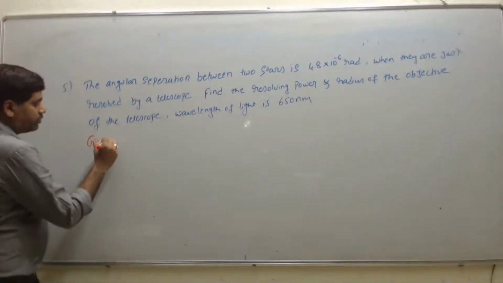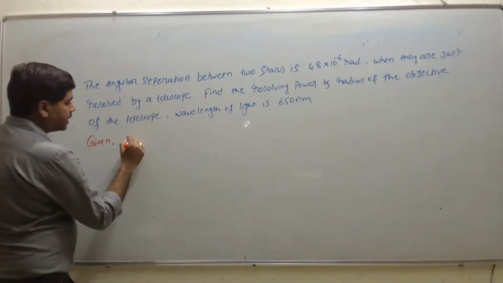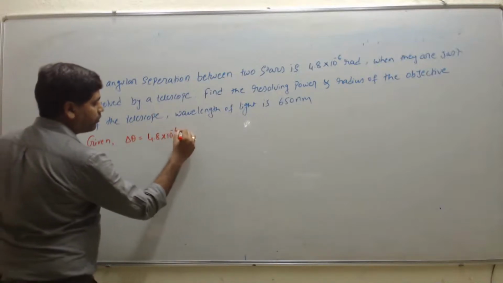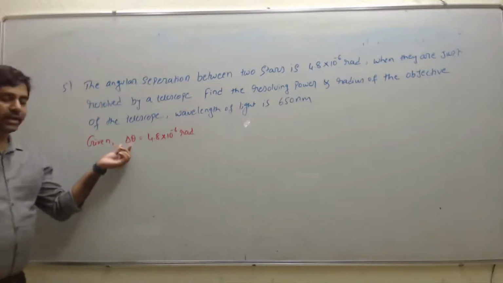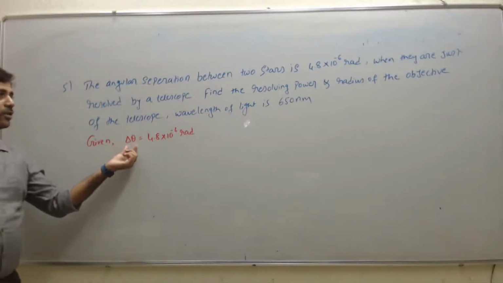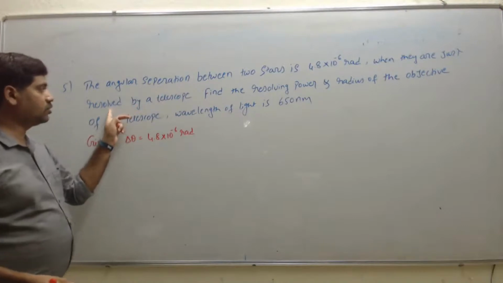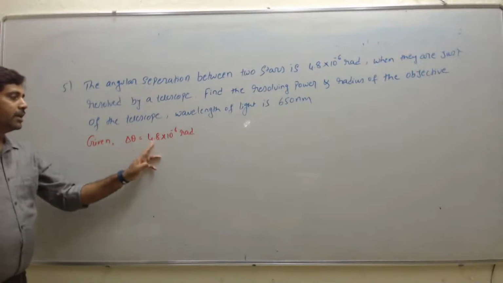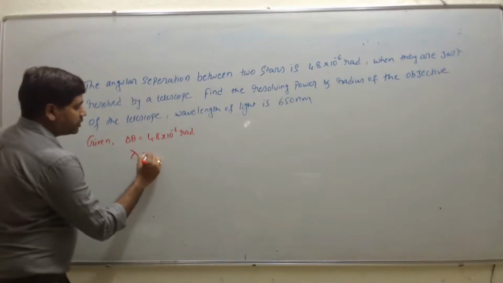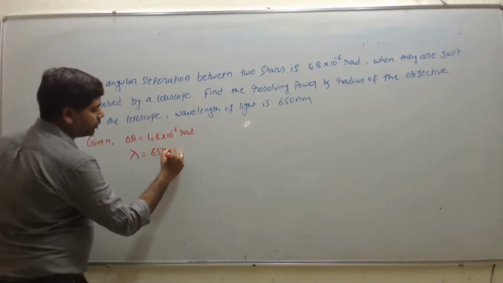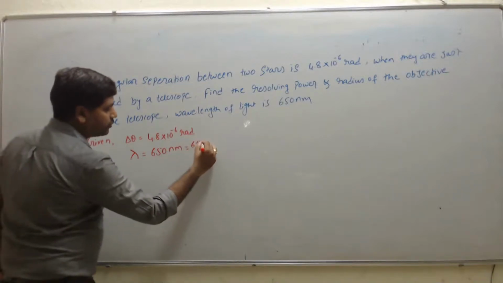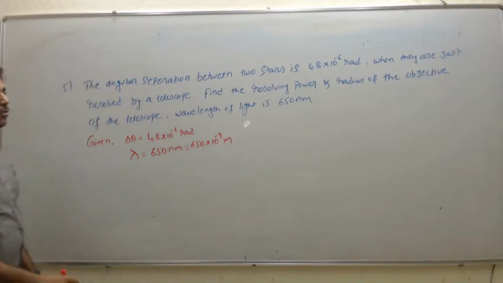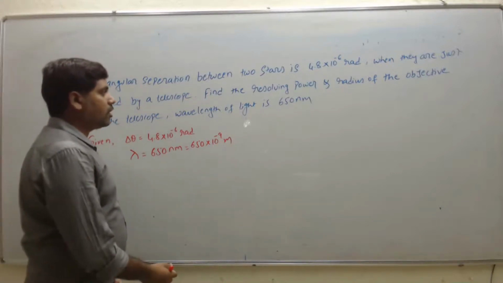They mentioned that when they are just resolved by a telescope, delta theta is the limit of resolution of the telescope. And also the wavelength lambda equals 650 nanometer, that is 650 into 10 to the power of minus 9 meter.